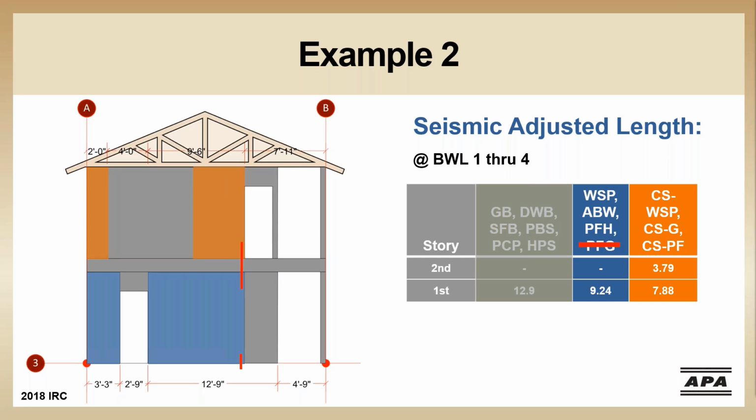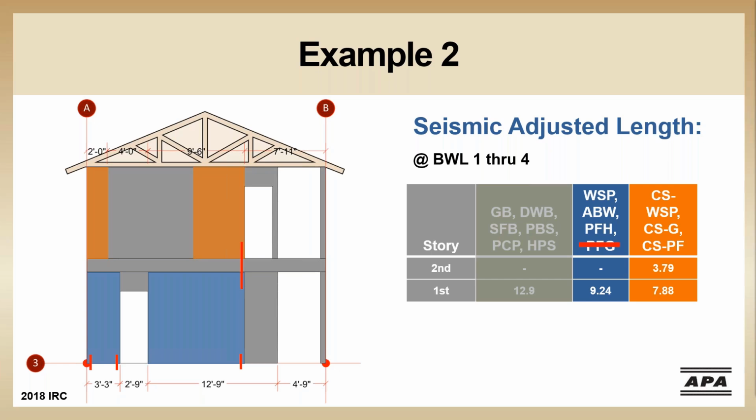From our discussion of braced wall line 1, we also know that the 3-foot 3-inch braced wall panel on the ground floor would need to be an ABW, since we're not meeting that 48-inch minimum width for WSP method. If we did that, this would mean hold downs at either end of that wall.